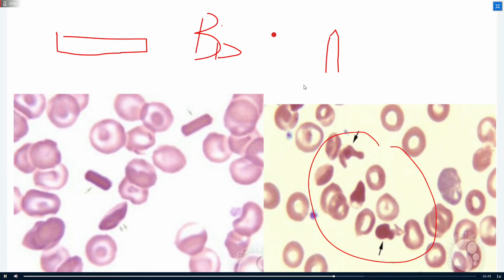Tandaan niyo lang, class, yung biscuit cell niyo kasi, mas makapal yung pagka-fold niya compared sa ganyang hemoglobin CC disease. Okay? Then itong itsura ng hemoglobin SC crystals. I don't know why they call it crystals, class. Because actually they look like more of a parang RBC lang din. Ewan ko bakit tinatawag silang crystal.